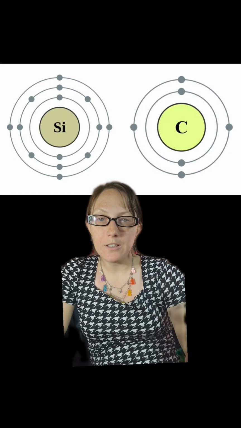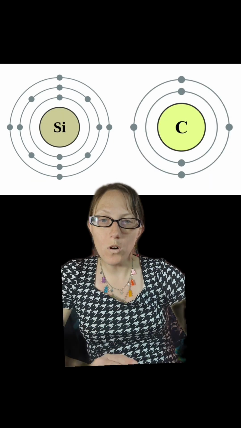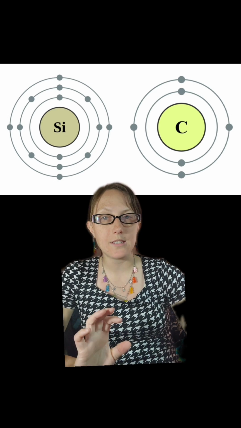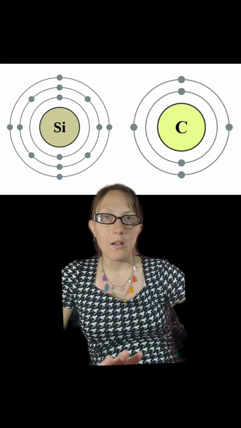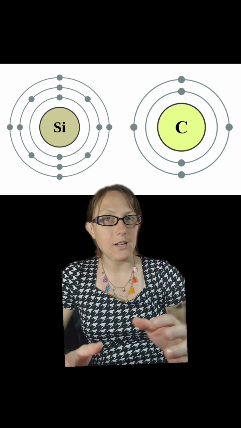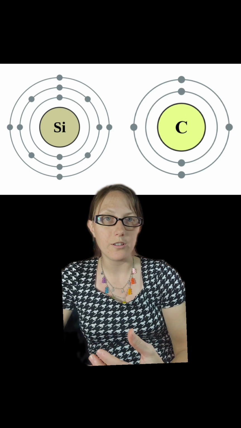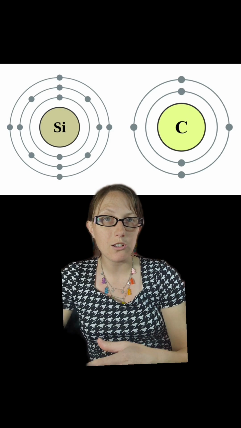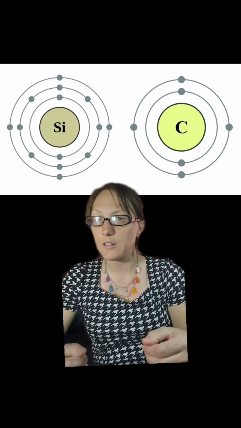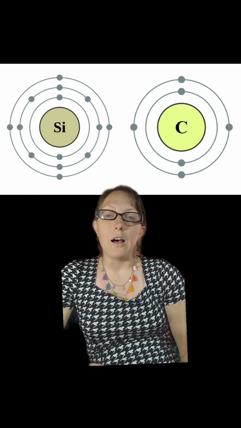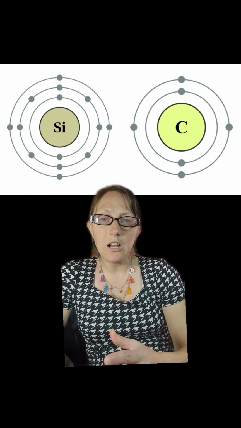Now here are 2 different diagrams. We have silicon and carbon. They have 4 valence electrons, which makes them semiconductors. Their valence electrons are a little more tightly bound to the atom, making them harder to move. Modifications to semiconductor crystal structures can allow them to conduct better, though. So silicon is a metalloid, so sometimes it acts like a metal and sometimes it acts like a non-metal.